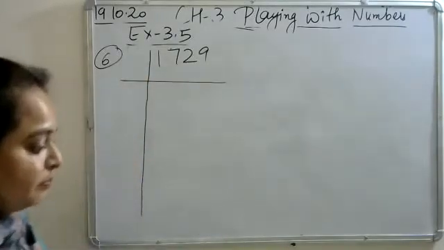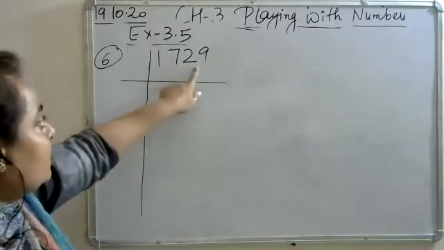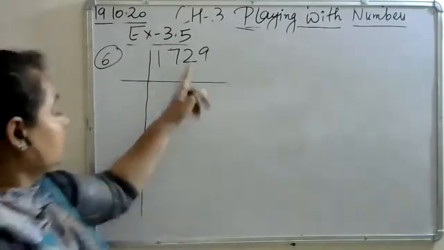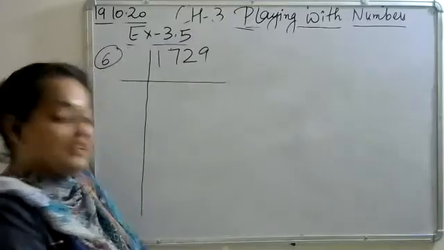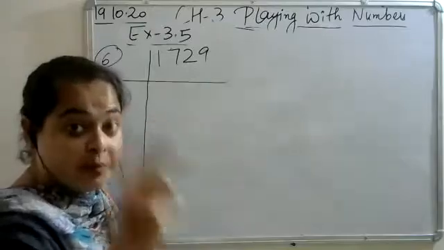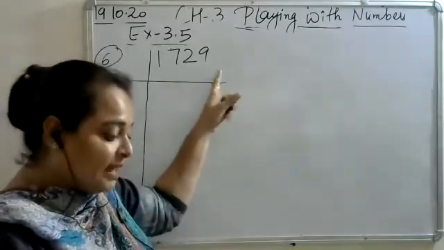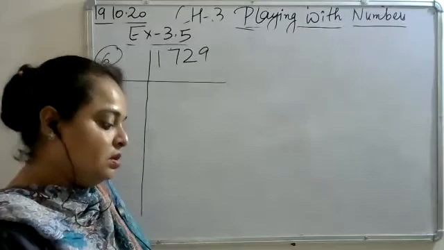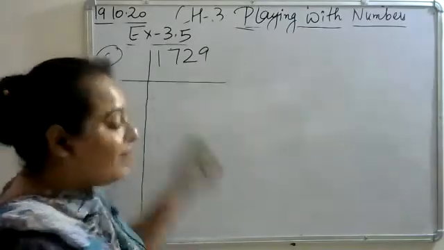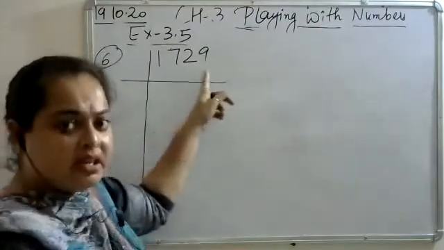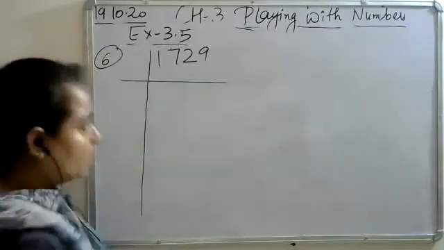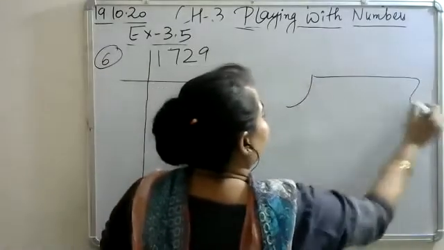Now tell me, 1729 is divisible by which prime number? First prime number is 2. This is divisible by 2. Bisab is writing here 3. Bisab, divide this number by 3 and tell me, is the remainder 0? Divide 1729 by 3.